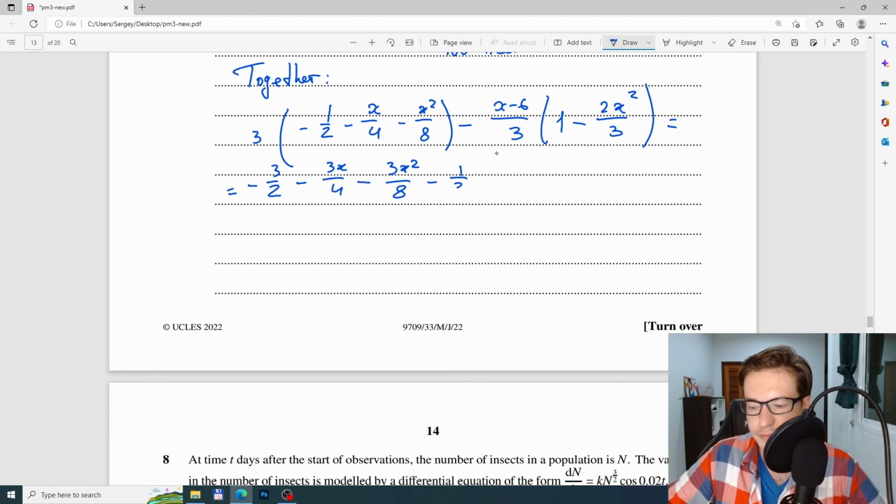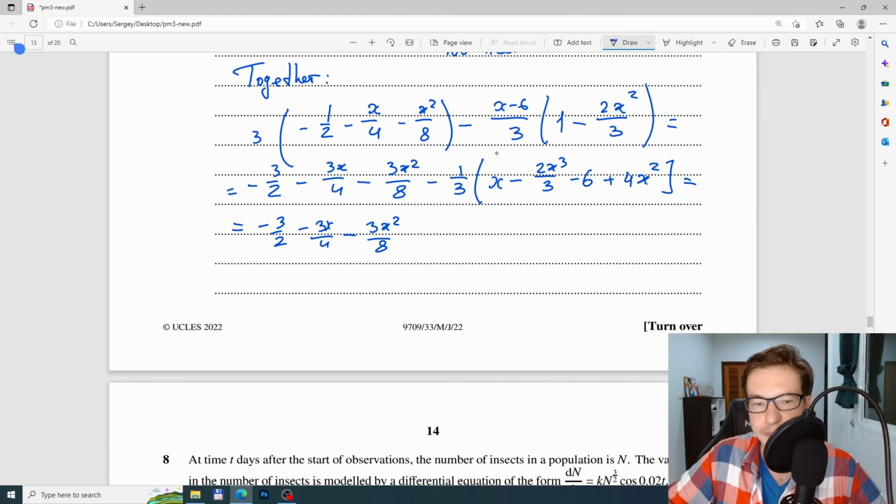And then I'm multiplying the brackets x minus 6 times 1 minus 2x squared over 3. So I'll get x minus 2x cubed over 3 minus 6 plus 4x squared. Which gives us minus 3 over 2 minus 3x over 4, 3x squared over 8, and then multiplied by minus a third.